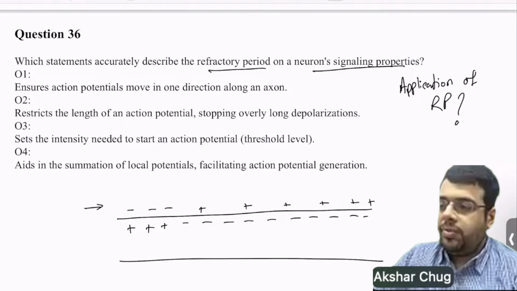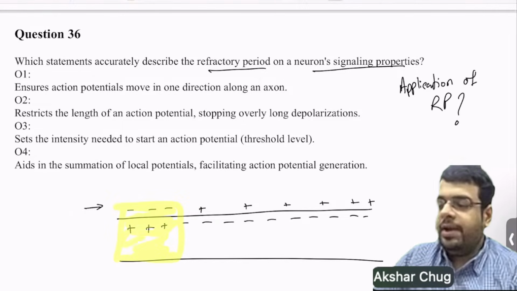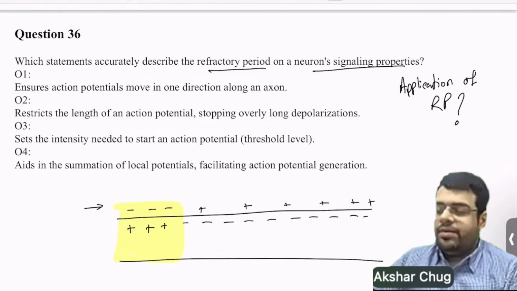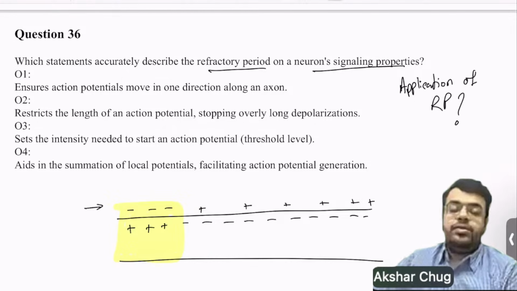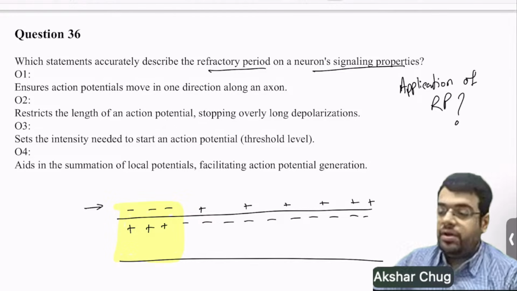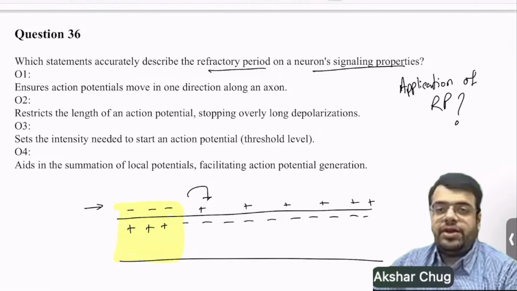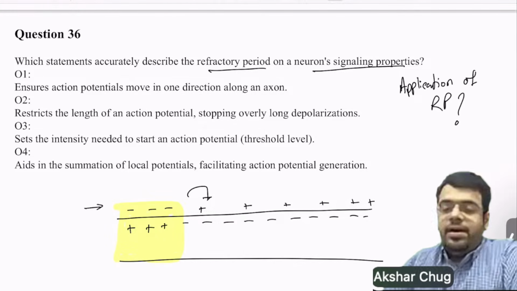So basically, this segment of the neuron will be undergoing depolarization. Now, the next segment of the neuron is still in the resting potential, so it could be depolarized. So in the next phase, when the charges move, this whole depolarized segment will move on to the next part of the neuron.